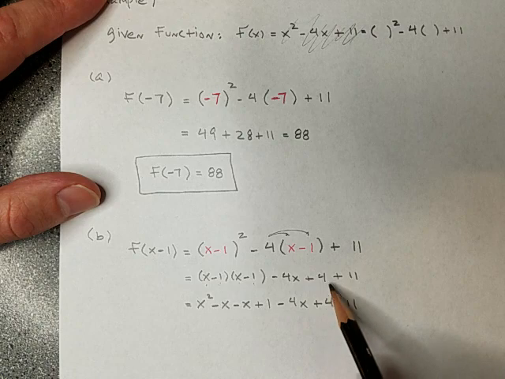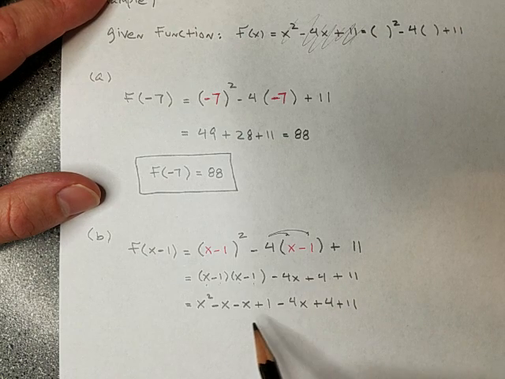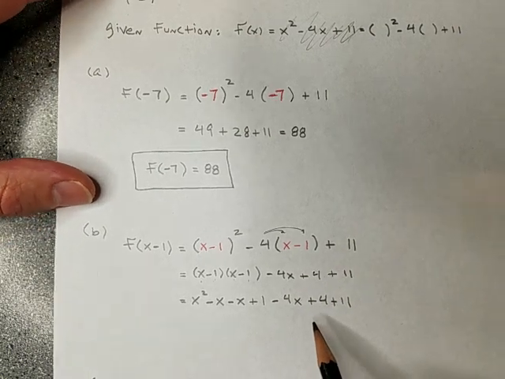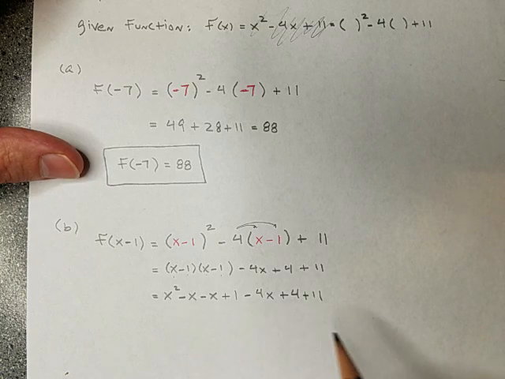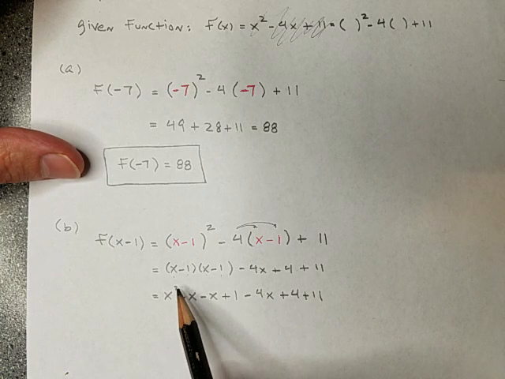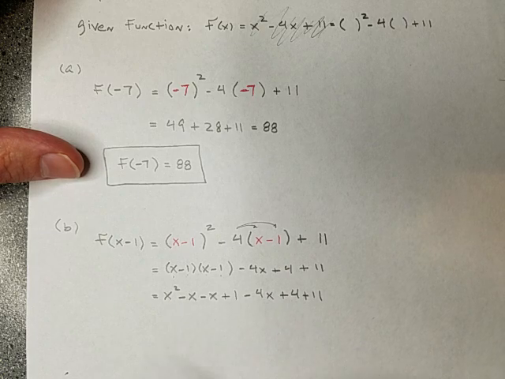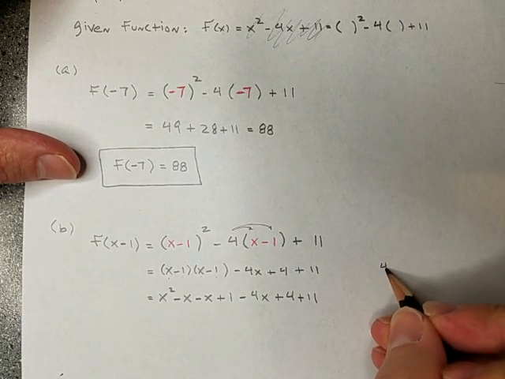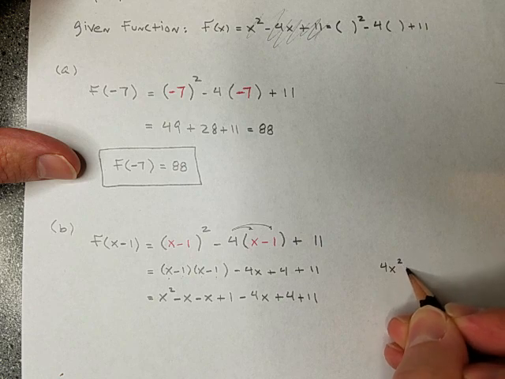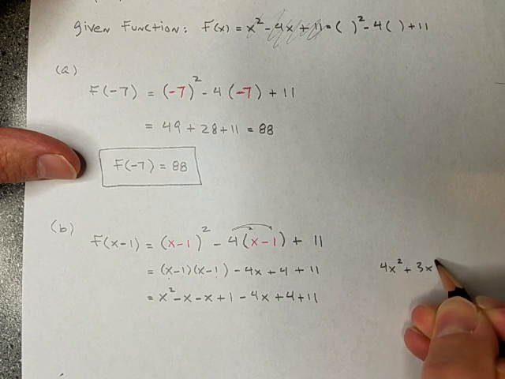I'm gonna carry that down, carry that down, carry that down. Now, of all the stuff that you see here, can any of it be combined? Like I got x squared, there is no other term with a square in it. Like for example, if I said I got 4x squared plus 3x squared.